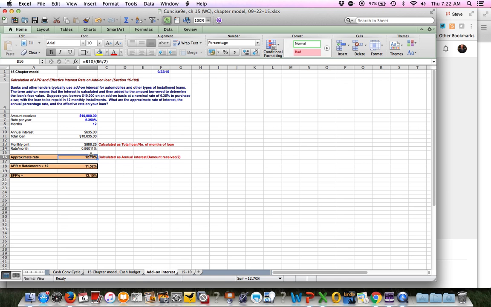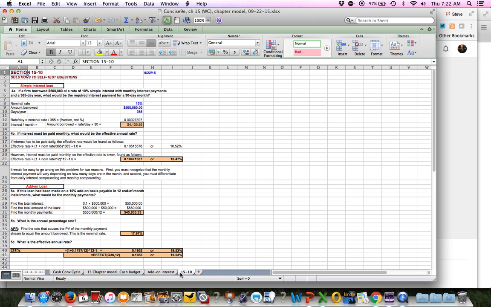You've got the approximate rate, the APR, the annual percentage rate, and then the effective rate. Just doing those calculations. You can use the effect formula from the Chapter 5 Excel that I gave everybody to do present value and future value calculations. One of the formulas I gave everybody in that file was the effect formula, which computes the effective annual interest rate.